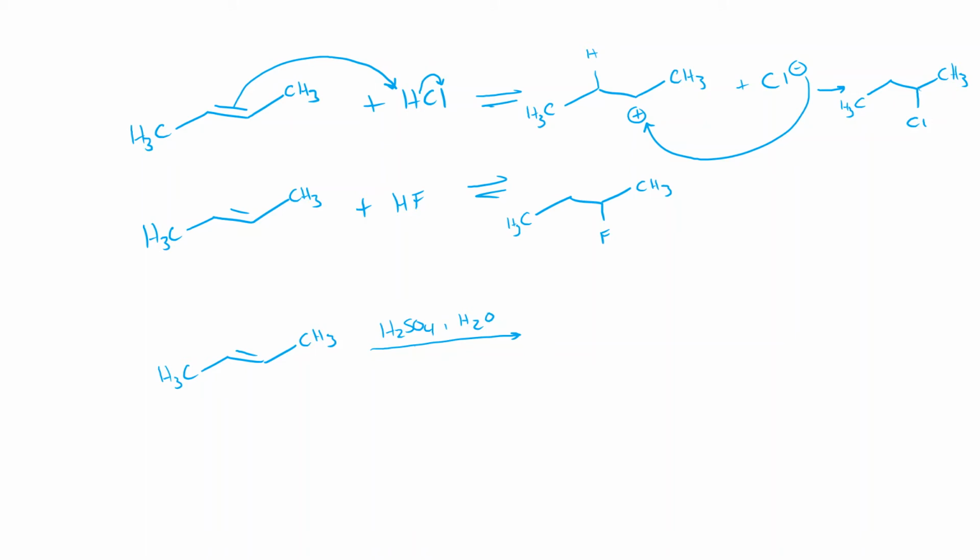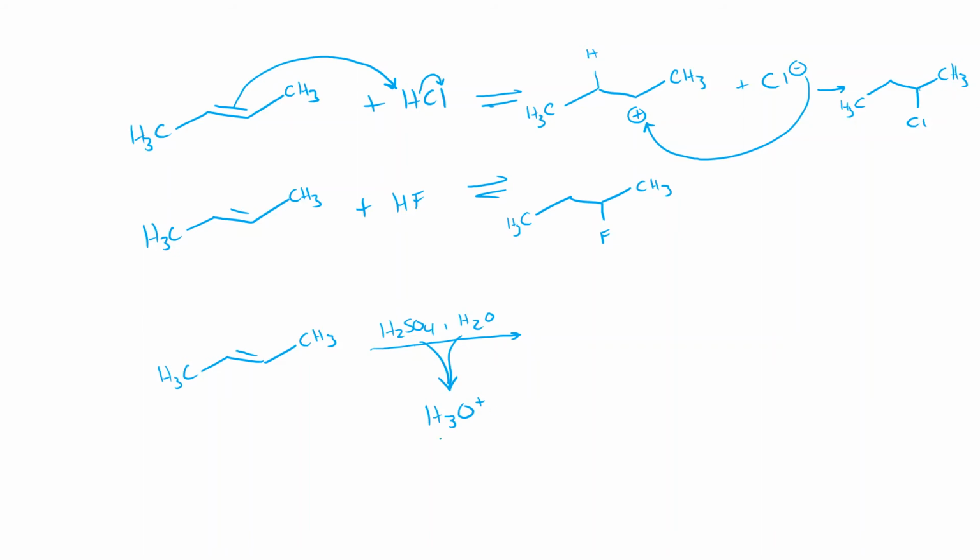Now, at first glance, this looks pretty much the same, right? We have acid, we have an alkene, and so we would expect the first thing that's going to happen is we're going to make a carbocation, and you'd be right. If you react H2SO4 and H2O, what you're really making is H3O plus, the conjugate acid of H2O.